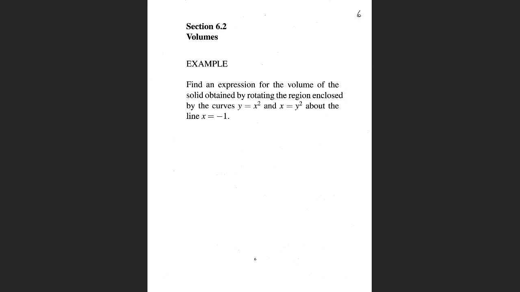Okay, so let's take a look at what we have here now. We want to find an expression for the volume of the solid obtained by rotating the region enclosed by the curves y equals x squared, which is a parabola, and then another parabola, a sideways parabola, x equals y squared, about the line x equals -1.